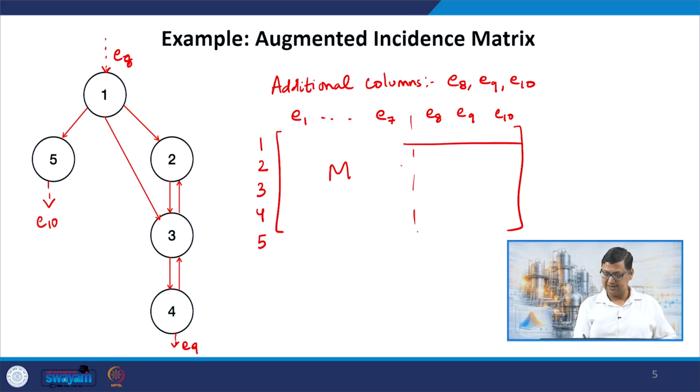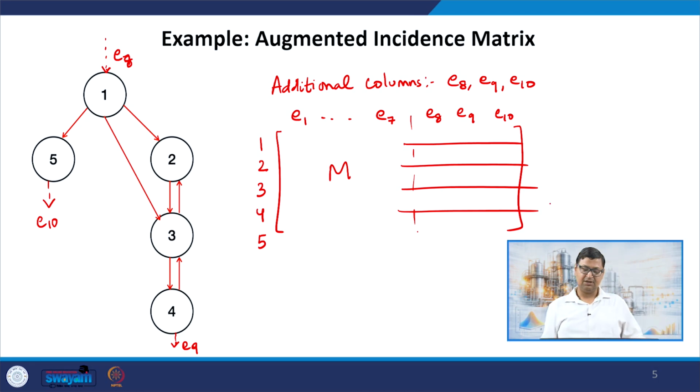Let me draw these lines just to help. And then for E8, it is coming at 1, so there should be a plus 1 here. E9 is going from 4, so there should be a minus 1 here, and E10 is going from 5, so I put a minus 1 there. So it has all the M matrix plus the additional columns, whatever I have indicated in there.